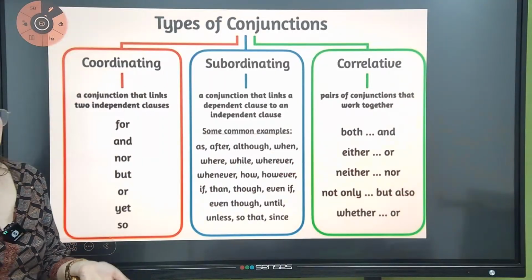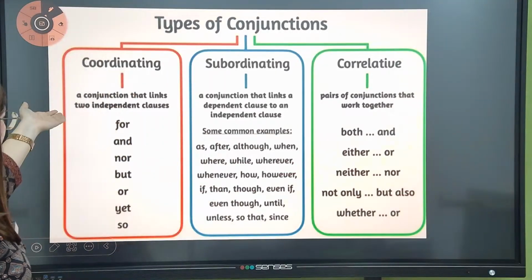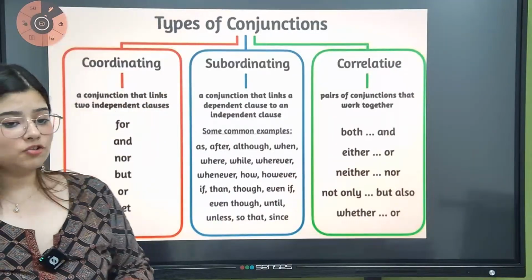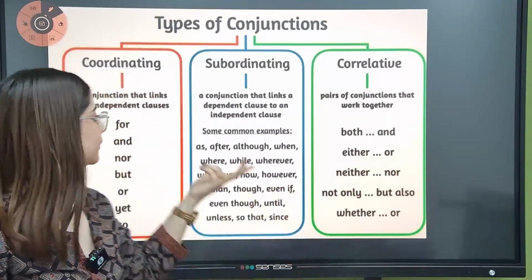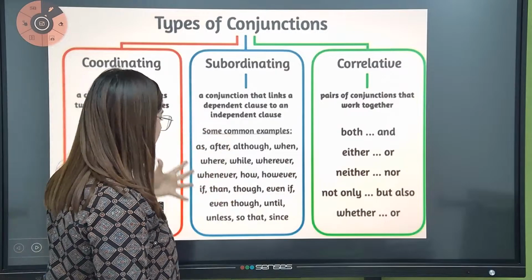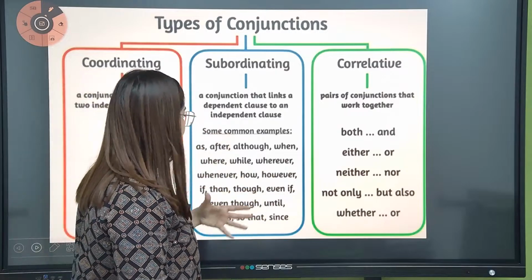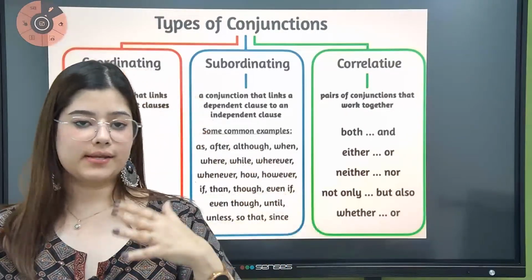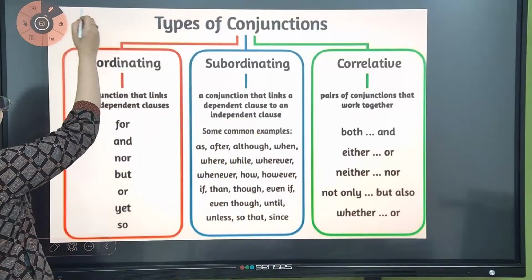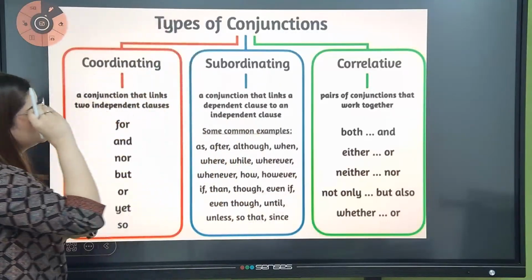We talked about coordinating conjunctions: for, and, nor, but, or, yet, so. Subordinating conjunctions: after, although, because, even though, until, unless, however, even if, etc. The list goes on. Next, we have correlative conjunctions.